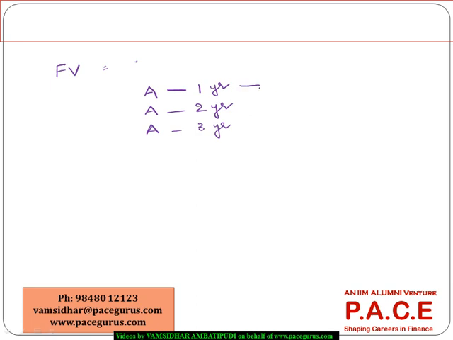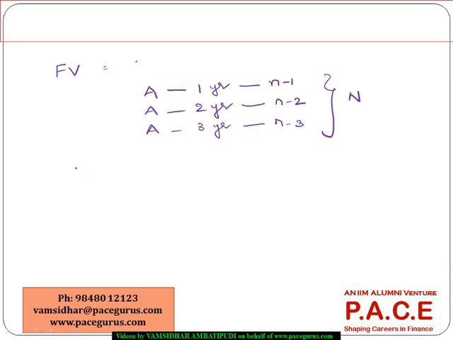If I have deposited one year from now, it would be deposited for n-1 years. This would be deposited for n-2 years, because I want to find out the value at the end of n years from now. So this would be deposited for n-3 years.